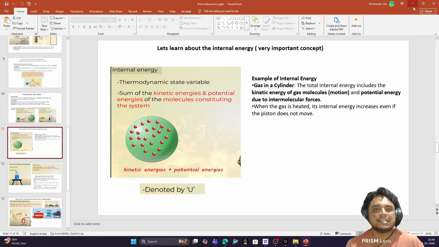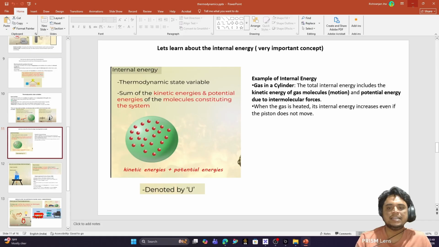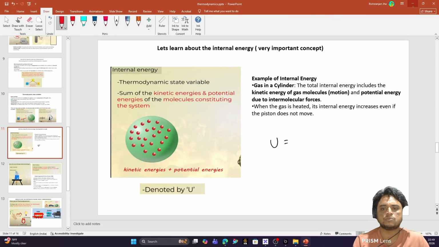We also studied the concept of internal energy, but in this lecture I am going to start from the concept of internal energy again, because from a thermodynamics point of view the concept of internal energy is very important. If you had watched my previous lecture, you must know that internal energy is denoted by U, and it is the sum of kinetic energy plus potential energy.